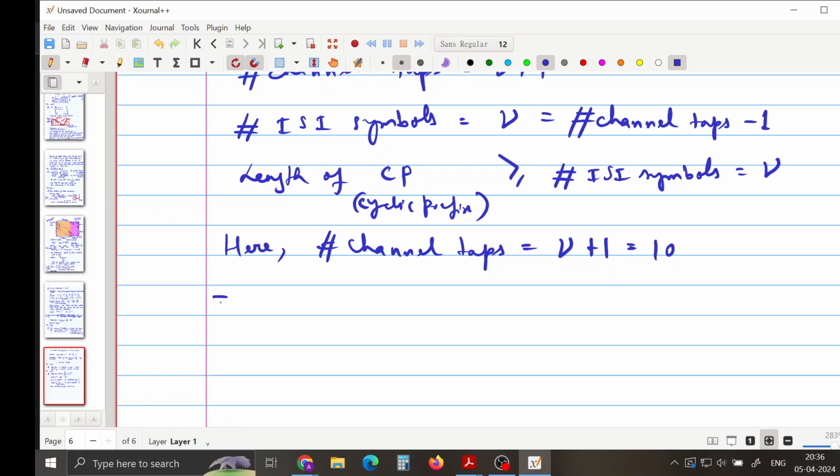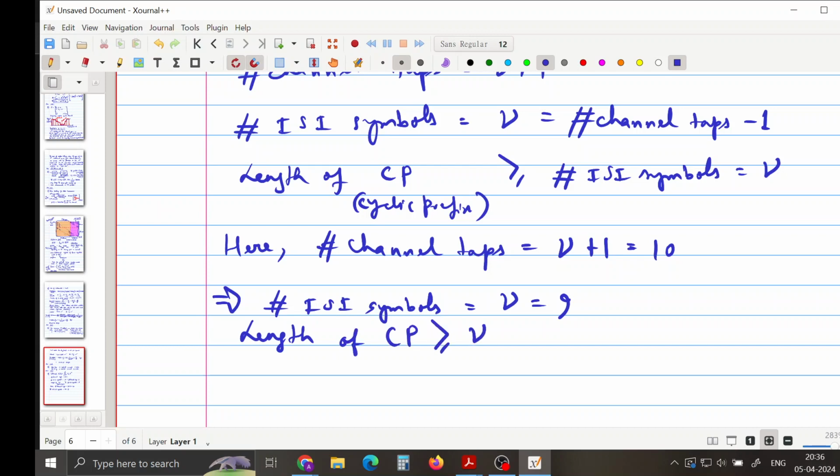And which means, what is my number of ISI symbols? You take the number of channel taps minus 1, so that is mu, and that is 9. So 10 minus 1 is 9. So therefore at least a length 9 cyclic prefix is required. Length of cyclic prefix is at least mu.